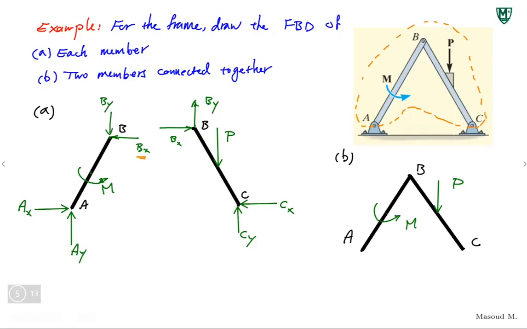C, exactly, and then P. Yeah, I put P there. C also is a support. I'm removing the support because I'm isolating the frame, so I have to put CX, CY, and then the same story at A, AY, AX. Direction. So that's the free body diagram for both members connected together, or the whole frame, if you want to think about it.